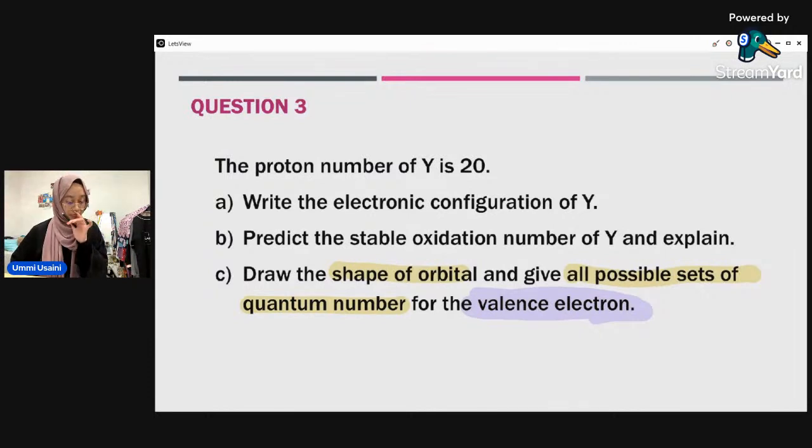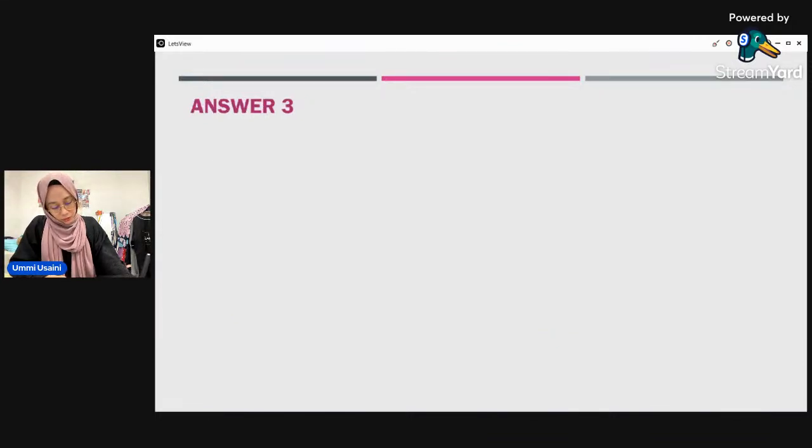Okay, so let's first try untuk jawab yang A tu. So, ni tulis dekat sebelah lah jawapan dia. Okay, so untuk Y, write the electronic configuration of Y. So again, electronic configuration, you can give your answer whether in SPDF notation or in orbital diagram, it's up to you.